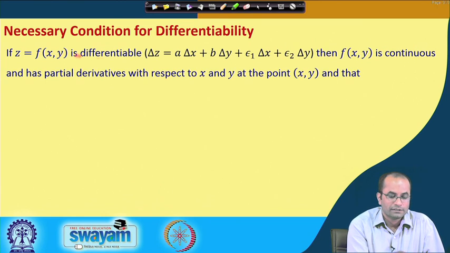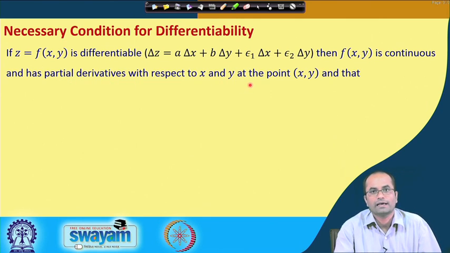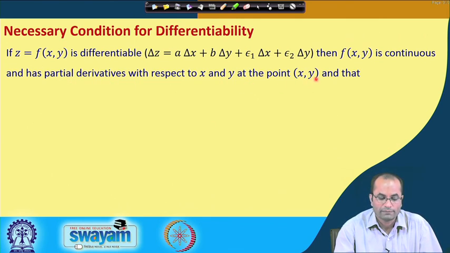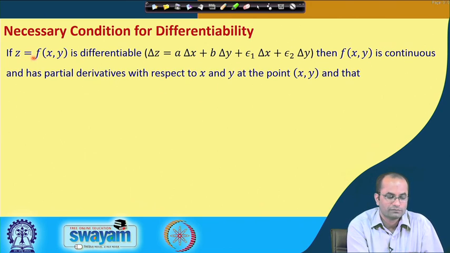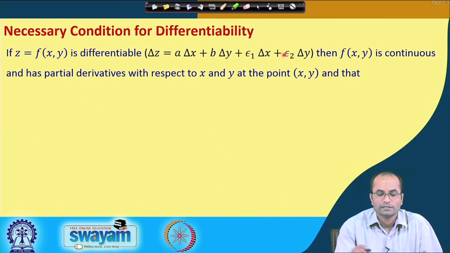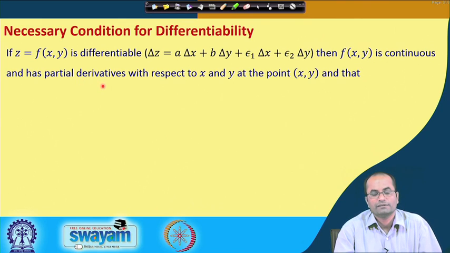That means continuity and the existence of the partial derivatives at the point x y with respect to x and y are the necessary conditions for differentiability, because we will show that differentiability implies that f is continuous and the partial derivatives exist at the point x y.